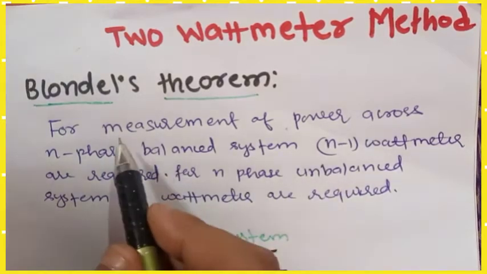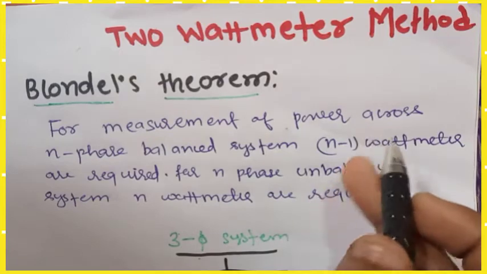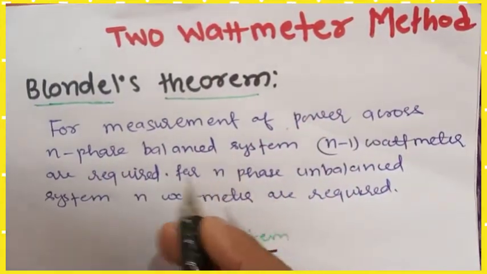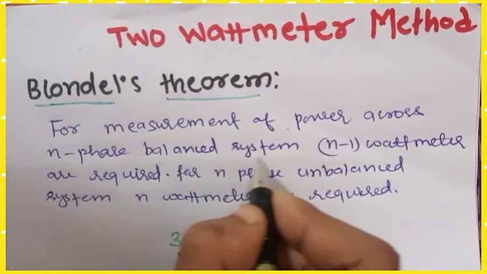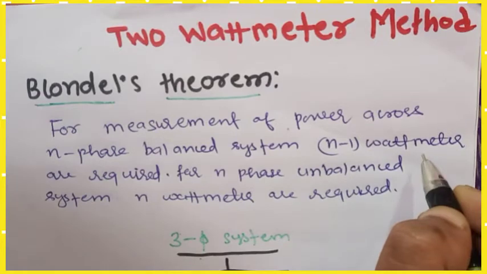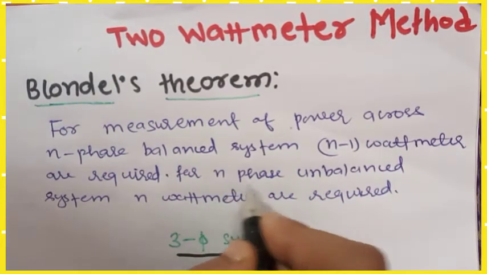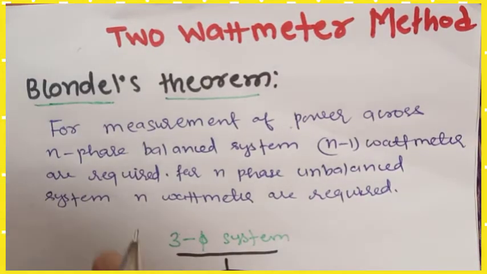Suppose we have to measure power across an n-phase balanced system, then n-1 wattmeters are required. And for measurement of an n-phase unbalanced system, we need n wattmeters. This is Blondel's theorem.